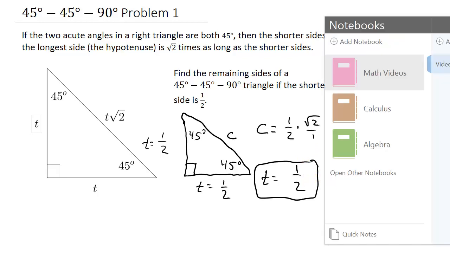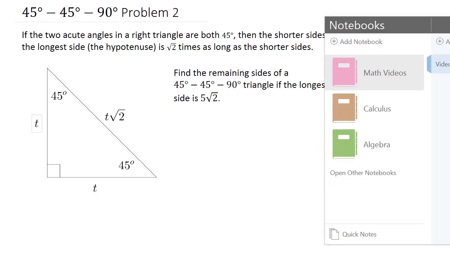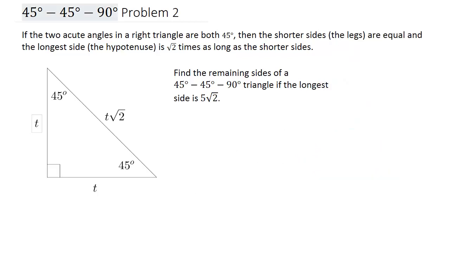So let's take a look at another one. Same thing. It says find the remaining sides of a 45, 45, 90 triangle if the longest side is 5 square root of 2. So let's go ahead and draw this triangle out. This will be 45, this will be 45, and there's 90.